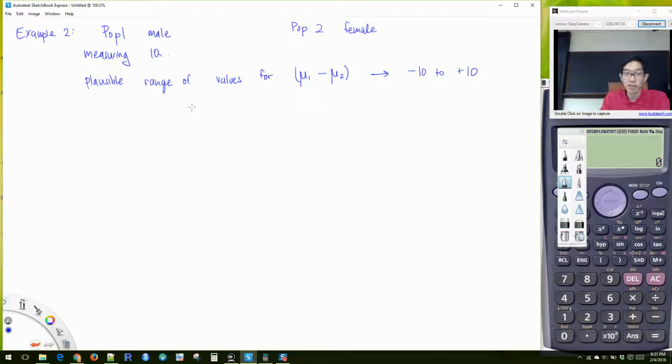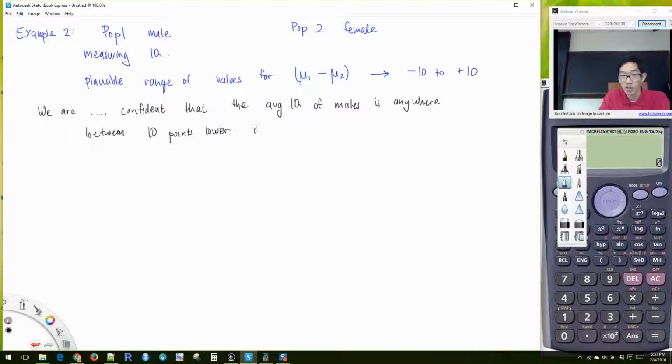And so the interpretation would be we are whatever confident that the average IQ of males is anywhere between 10 points lower and 10 points higher than the average IQ of females.